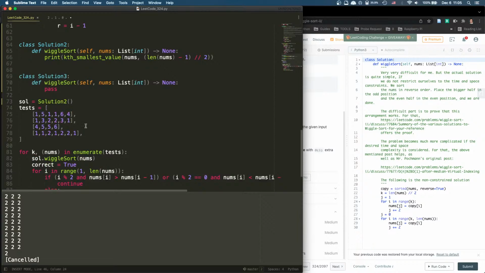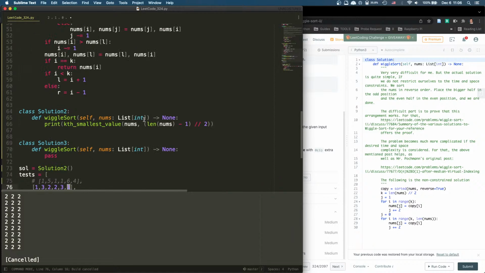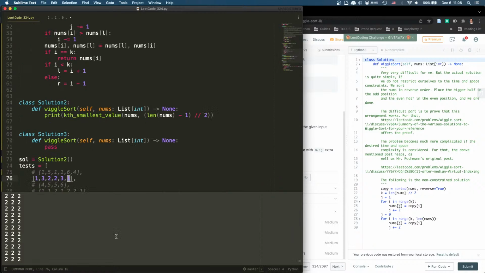How is this one not right? Wait, hold on. This one's right. Alright, the problem is not with this one. Maybe the problem is with this one. Yep. So the problem is with this one. How? Why would I have a problem?